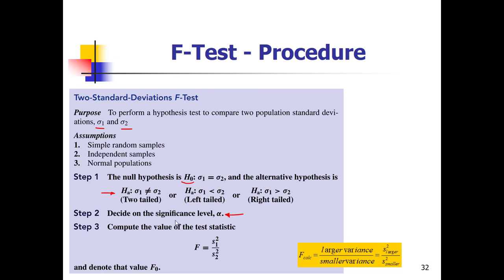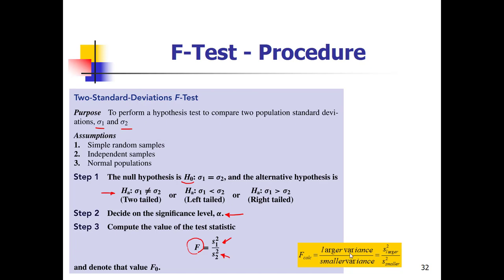Then we have to know our significance level, or alpha, which is the area on the right of the F value. We calculate our F value: the first standard deviation to the power 2 divided by the second standard deviation to the power 2. You know that a standard deviation to the power 2 is also called variance.